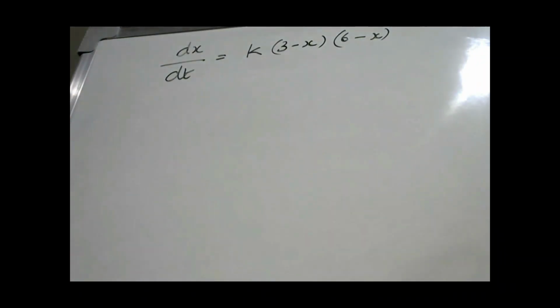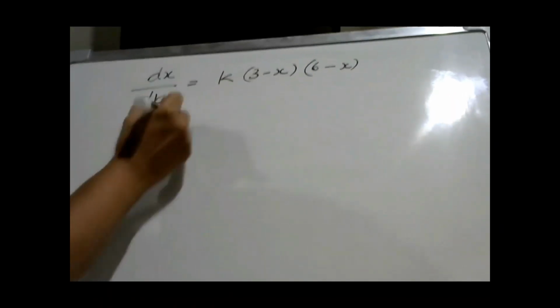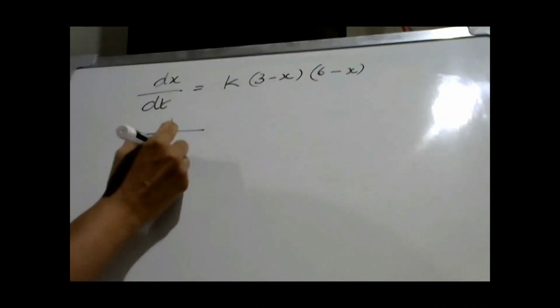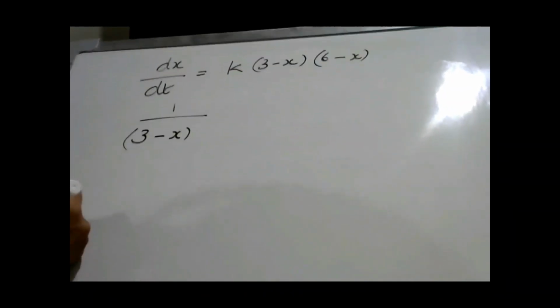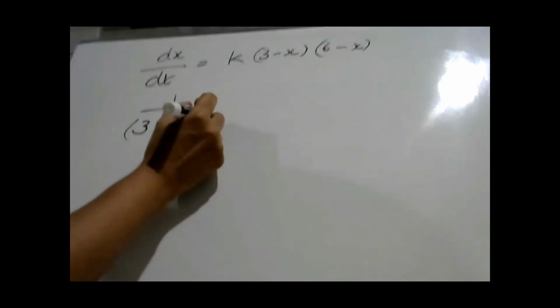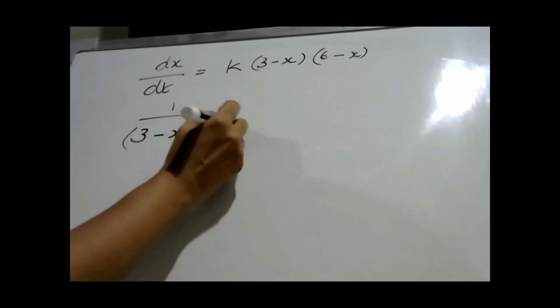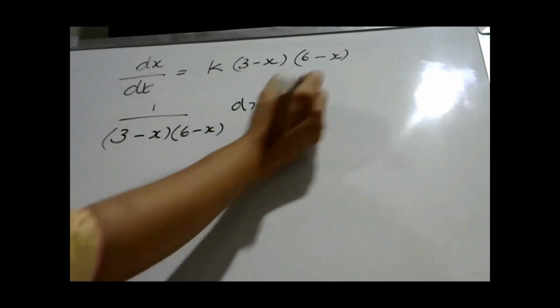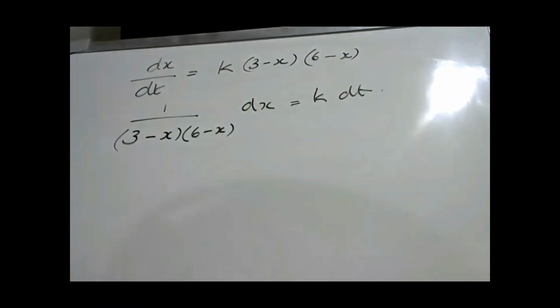This is what is given. k is a constant, and we are asked to find the value of k. In order to integrate, I'm writing it as 1 over (3 minus x)(6 minus x). I'm taking these terms to this side, so dx is equal to k dt.